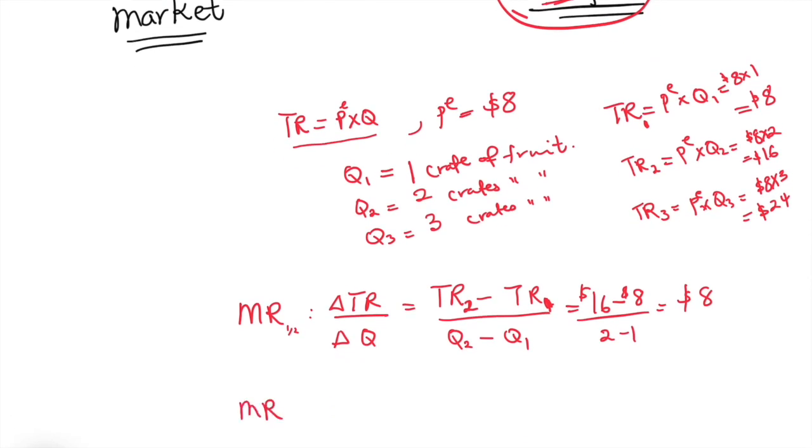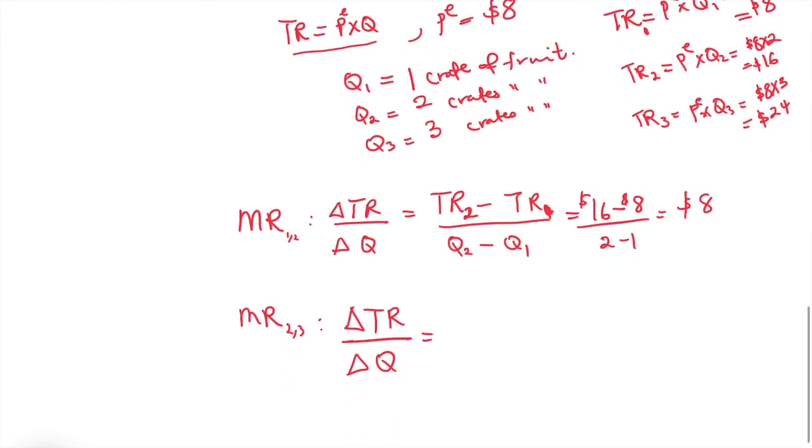Well, marginal revenue, when you go from producing 2 crates to 3 crates, right? 2 crates to 3 crates. That will be the change in total revenue divided by the change in output. So total revenue 3 minus total revenue 2 divided by Q3 minus Q2.